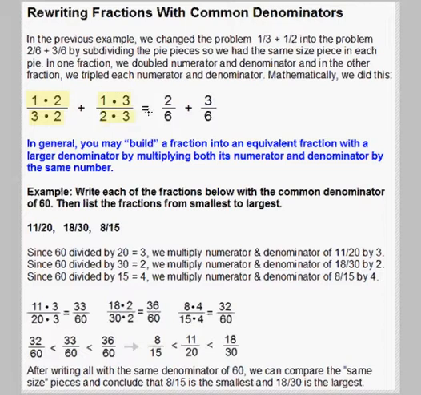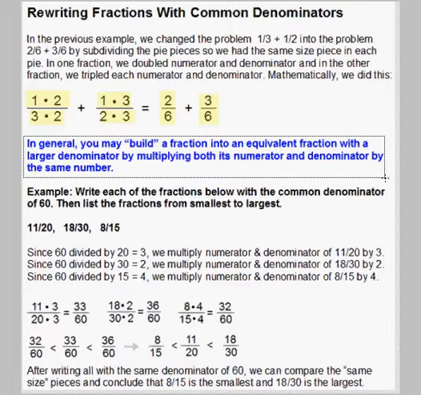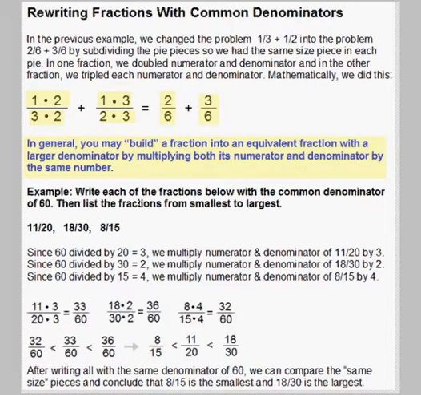So then these fractions are turned into fractions with common denominators, 2/6 plus 3/6, and we get our answer of 5/6. In general, we can always do that. You may build a fraction into an equivalent fraction with a larger denominator by multiplying both its numerator and denominator by the same number.